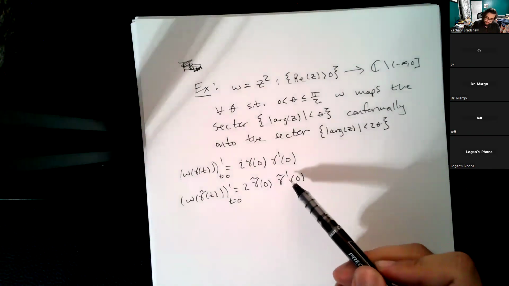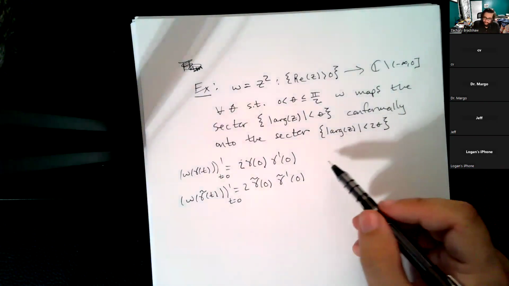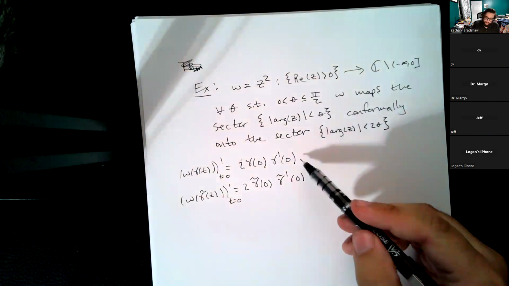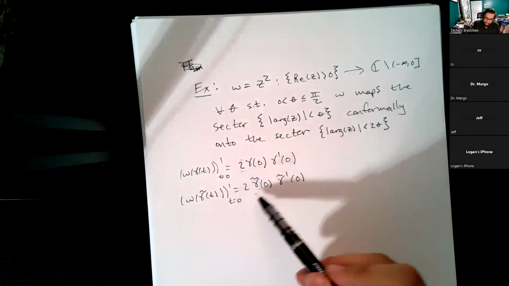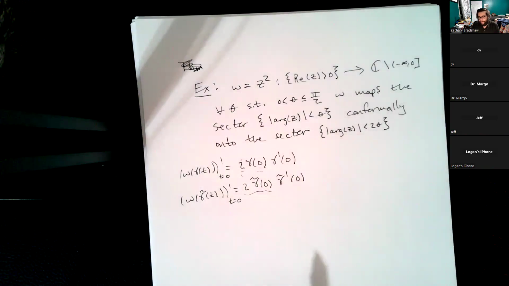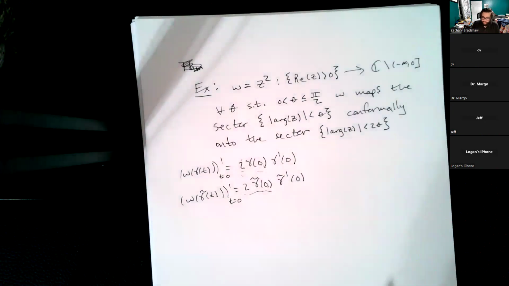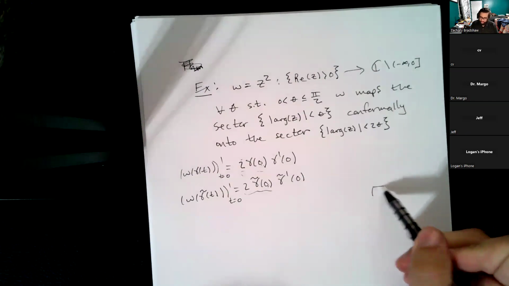And so again, we see that the angle between these two guys will be the same as the angle before mapping with w, right? It's just because of this term here, we pick up a phase in both of these terms, and it's exactly the same phase because these are both z0, and so they end up canceling. Okay, so exactly the same argument.